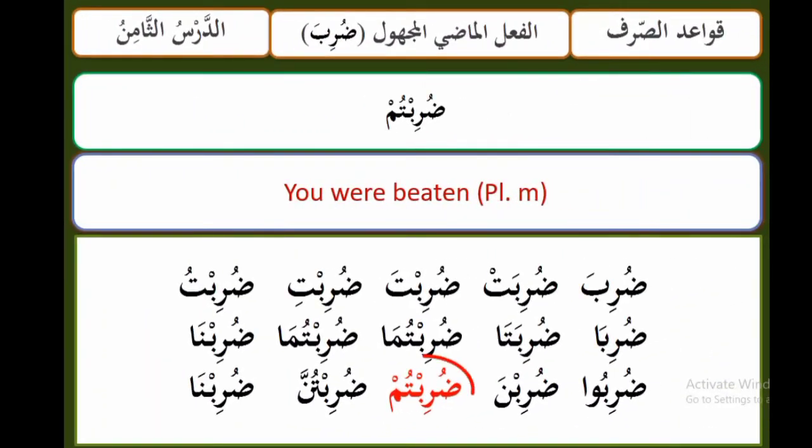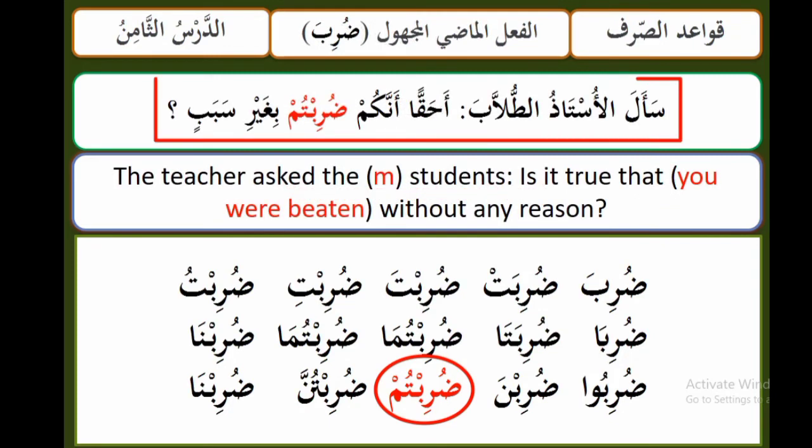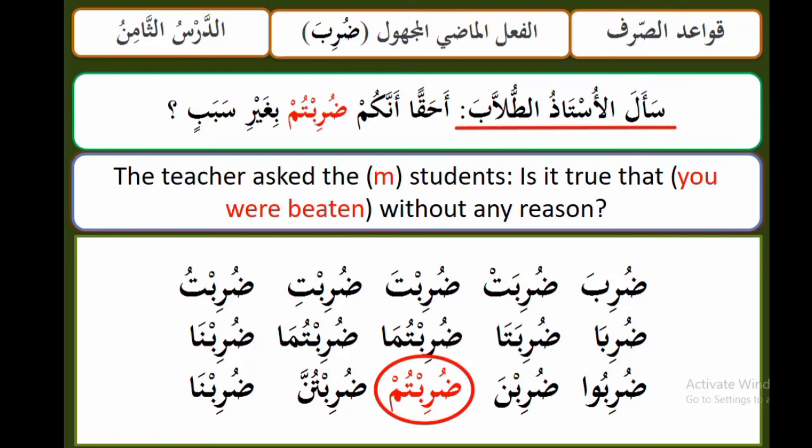The next is ضربتم, and this means you were beaten for plural masculine gender. Example, سأل الأستاذ الطلاب أحقا أنكم ضربتم بغير سبب. The meaning, the teacher asked the male students, is it true that you were beaten without any reason?